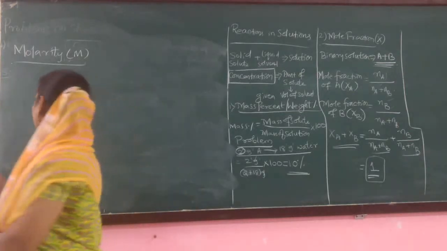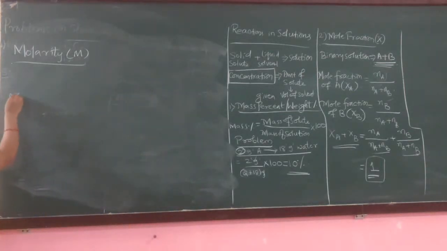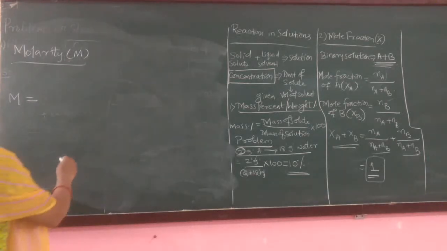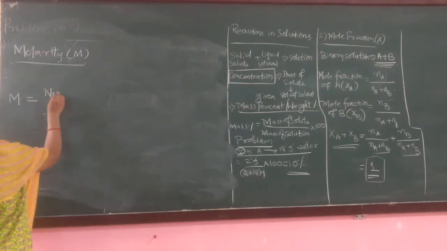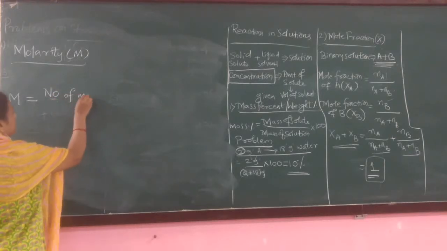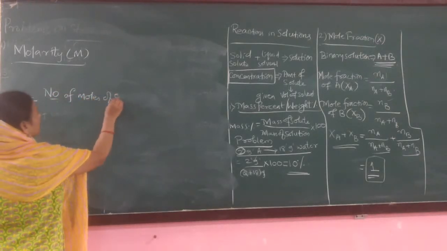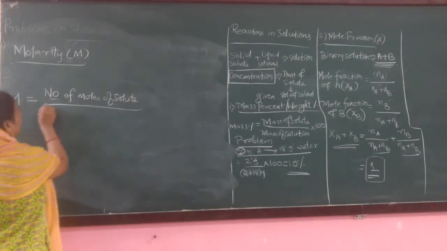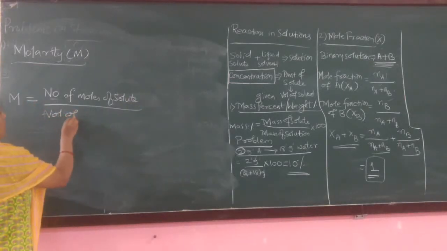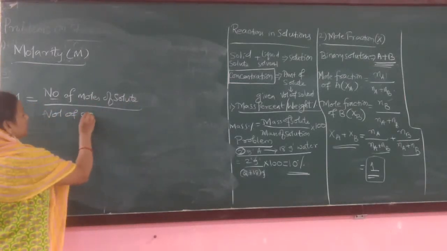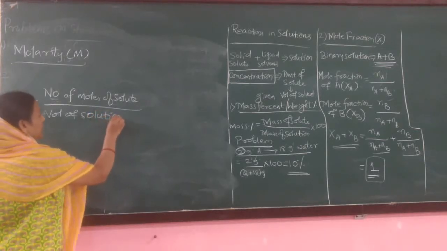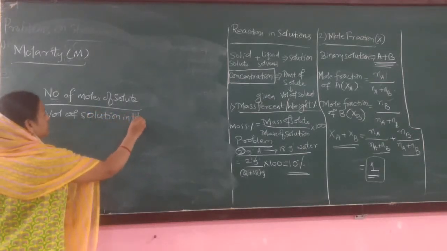In general, we represent the symbol for molarity as capital M. It is expressed as number of moles of solute divided by volume of solution in liters.